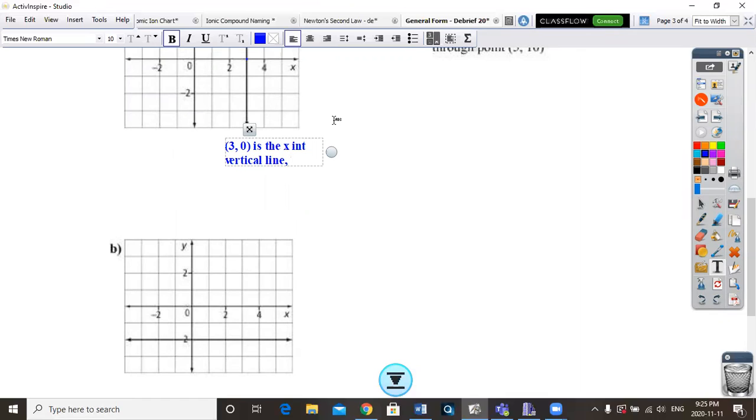The y is 0, so it's not in the equation. So the standard form would be x equals 3.